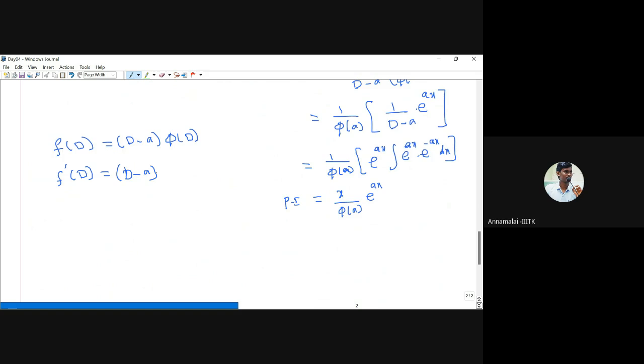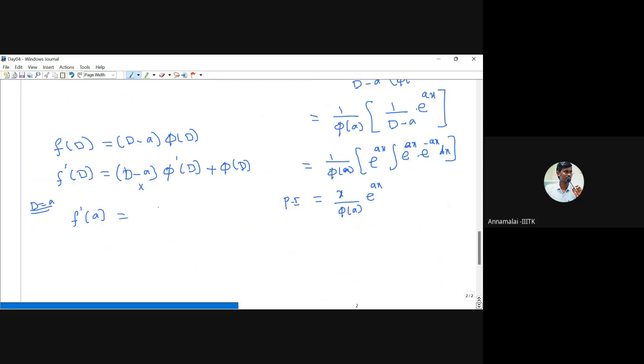So now we fix this, differentiate phi, we get phi dash of D, plus fix phi of D and then differentiate D minus a with respect to D, we get 1. Now substitute D equal to a: the left hand side gives f dash of a, and substituting D equal to a, this term is 0.